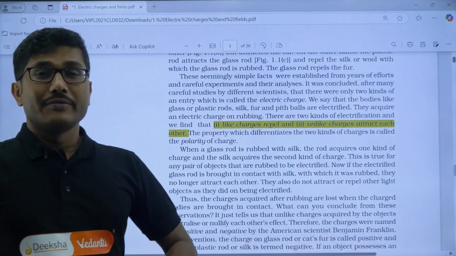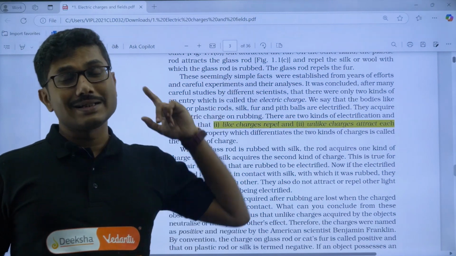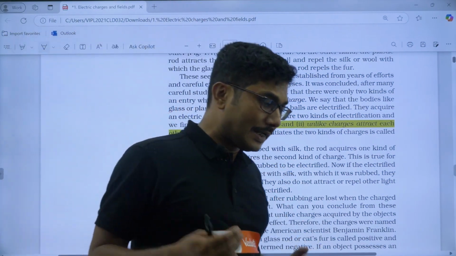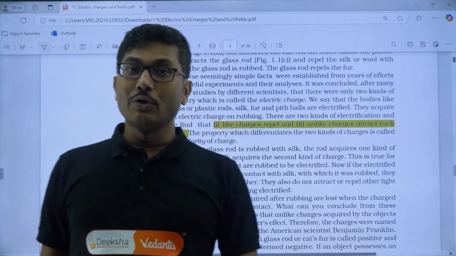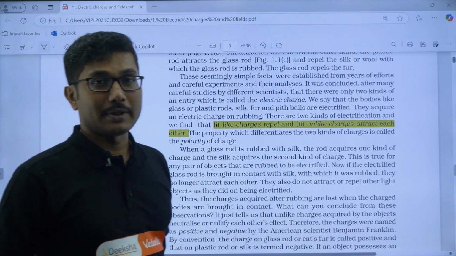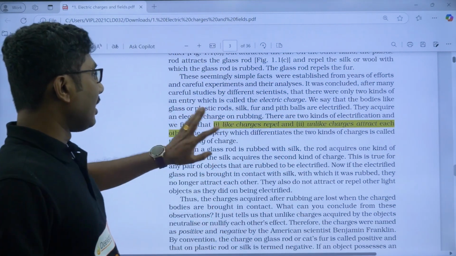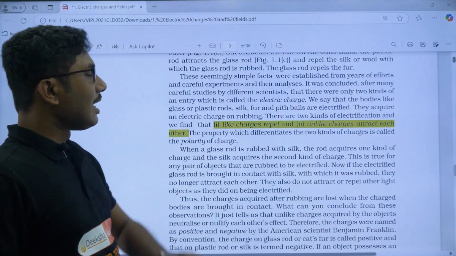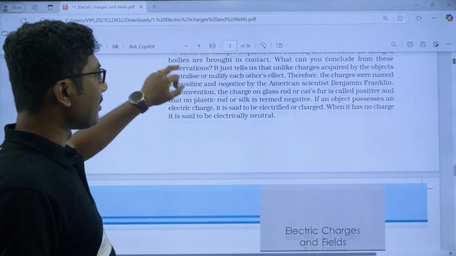Even though this is very simple, very easy to remember, still this is the only important line up to this point. It may seem that, okay sir, this one I already know, but you didn't know that you can skip all those things, including the glass wool experiment. The glass wool experiment you can ignore. Only the important gist of everything is that like charges repel and unlike charges attract each other, which is very simple to remember.